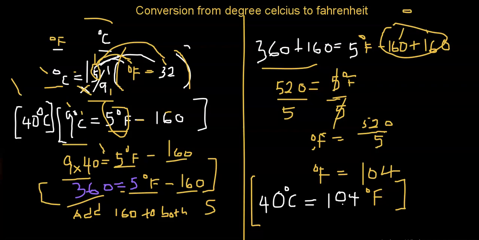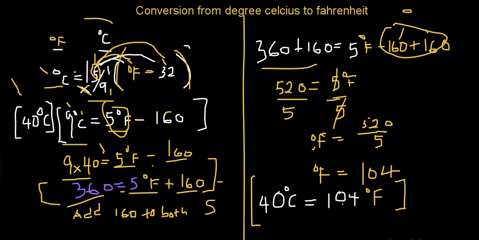For instance, if this sign was to be plus, we would have subtracted 160 from both sides to balance up, because plus and minus give us 0, and 5 degrees Fahrenheit stands on its own.